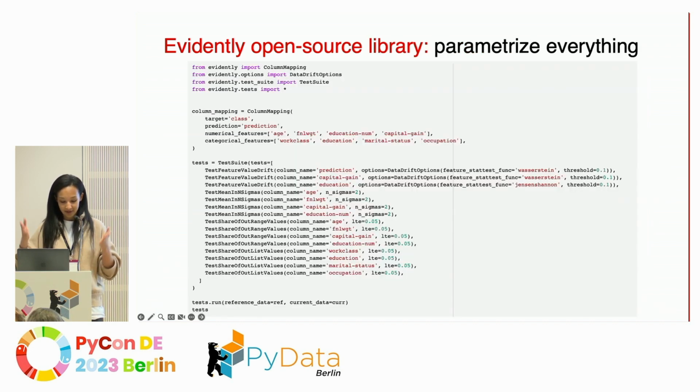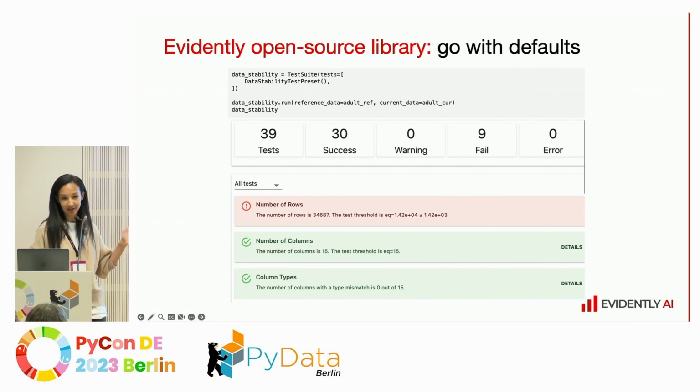It has very simple syntax. You can create a test suite, list all the tests you want, and specify some variables, I mean some features and conditions, and it works for you. But if you don't want to do that, we have pretty nice presets which are quite good for specific cases, like getting new labeled data or a new batch of predictions. Just call that, see what tests there are, and then customize it later.